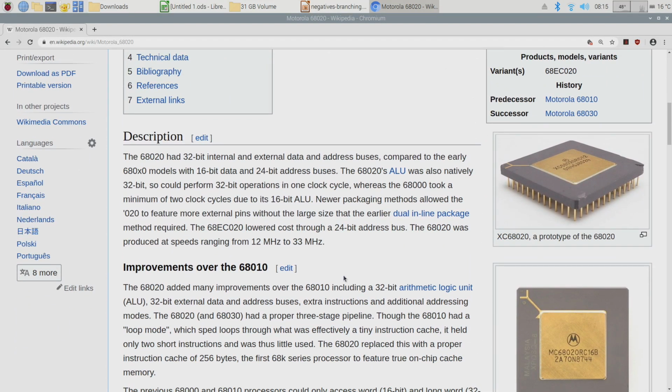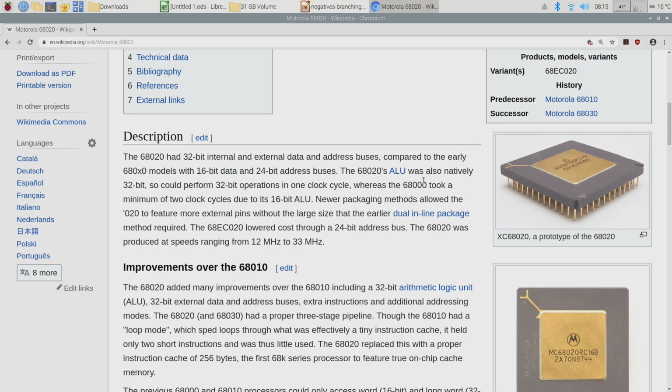It could do 32-bit stuff, and it was a slight enhancement of the 68K. The 68K, or a variant of it, was used in the Sega Genesis, or Sega Mega Drive, which is what it was called in Japan. So, another processor of this era.